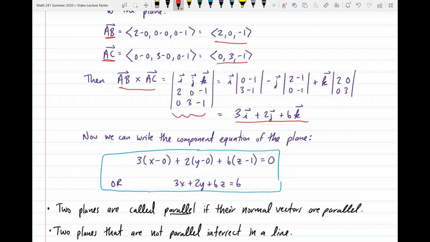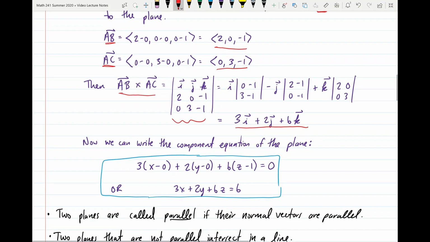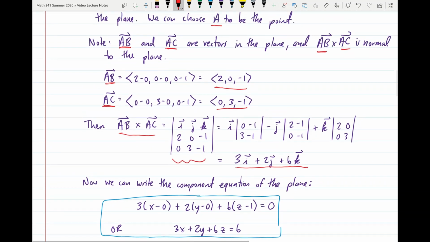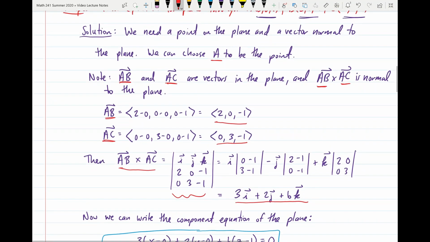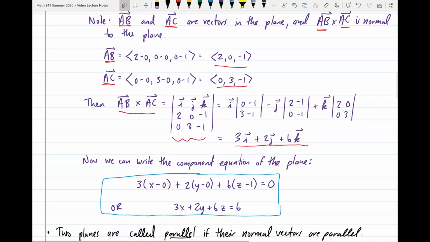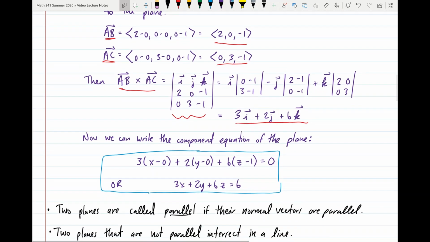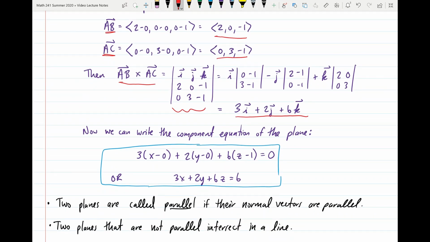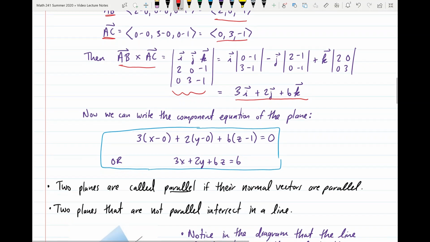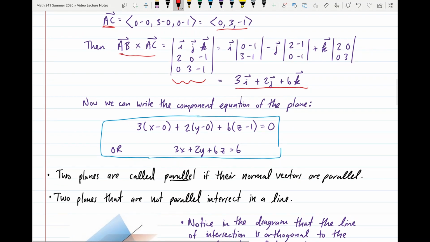So now we have both pieces that we need to write down the equation for the plane. We have both a point on the plane, which is given by the point A, and now we have a vector that is normal to the plane given by the vector 3i plus 2j plus 6k. And we can just write down right from here the component equation of the plane.